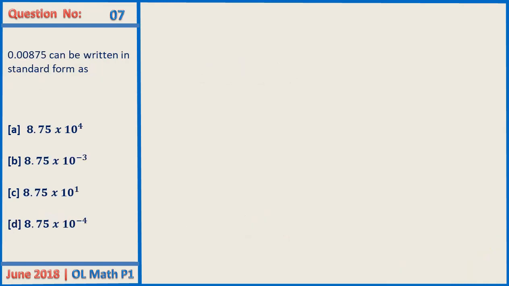Question 7, 0.00875 can be written in standard form as, recall that the standard format is a times 10 to the power n, where a lies between 1 and 10. That is, a is greater than or equal to 1 and strictly less than 10, n being an integer.